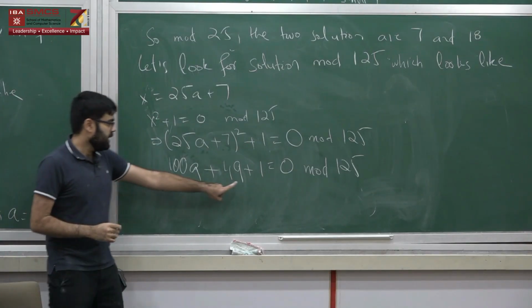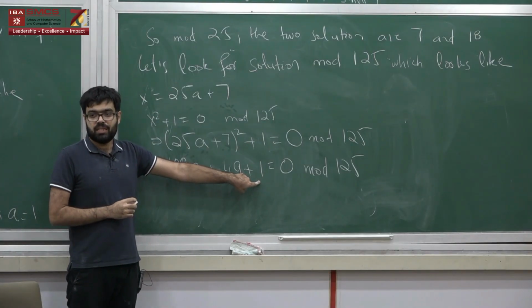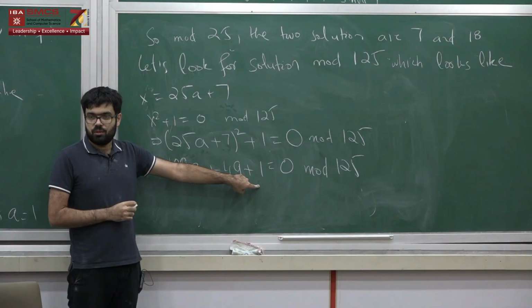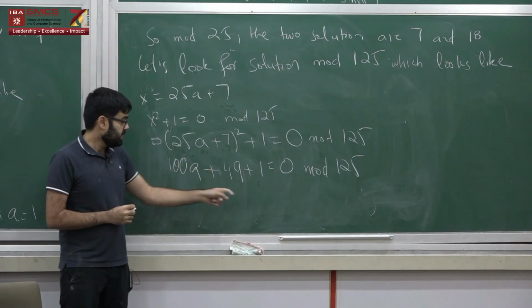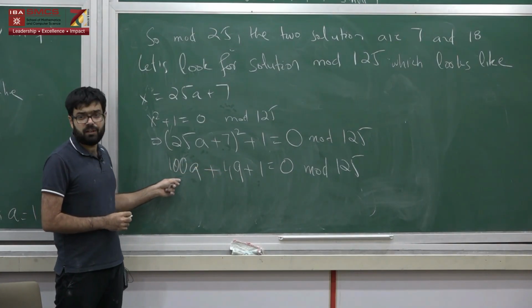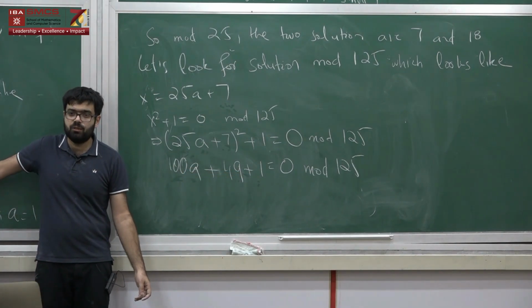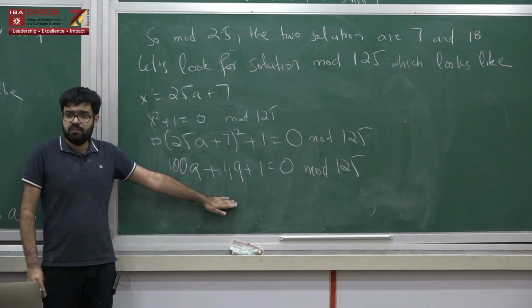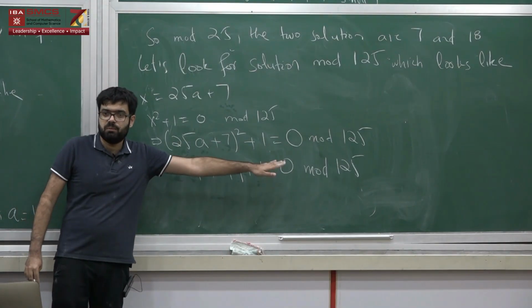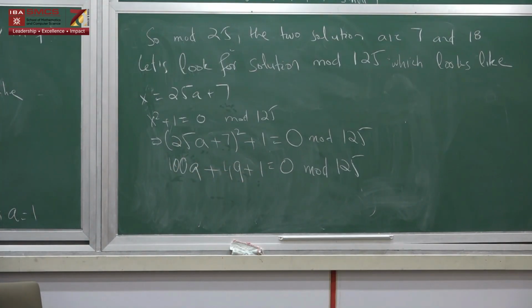And here again what I get is 49 plus 1 is 50, and 50 is 0 mod 25. So I get a factor of 25 here, a factor of 25 there, and what it is saying is that I started with the solution modulo 25. So my equation is trivial mod 25, but it is non-trivial mod 125.